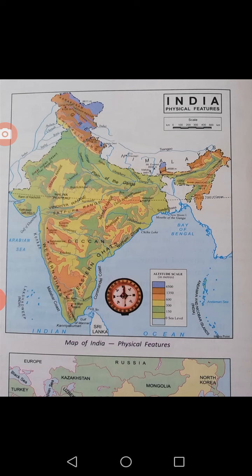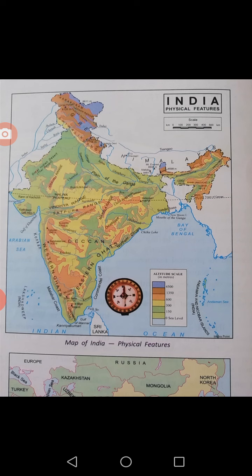The Tropic of Cancer, the dotted line, divides India into two parts, not exactly equal but almost equal, two parts it divides.